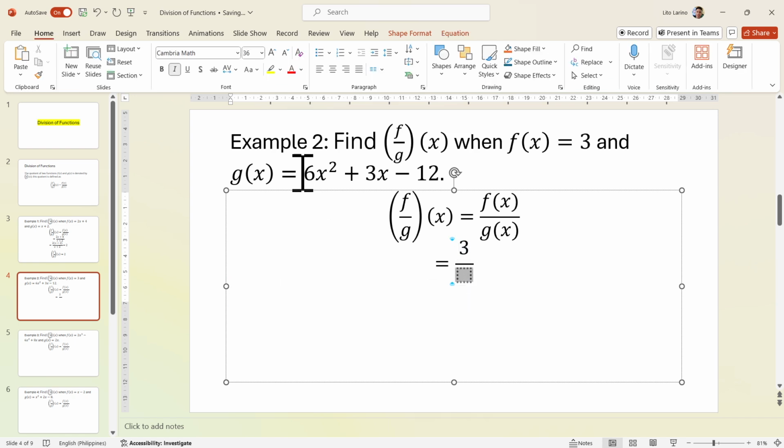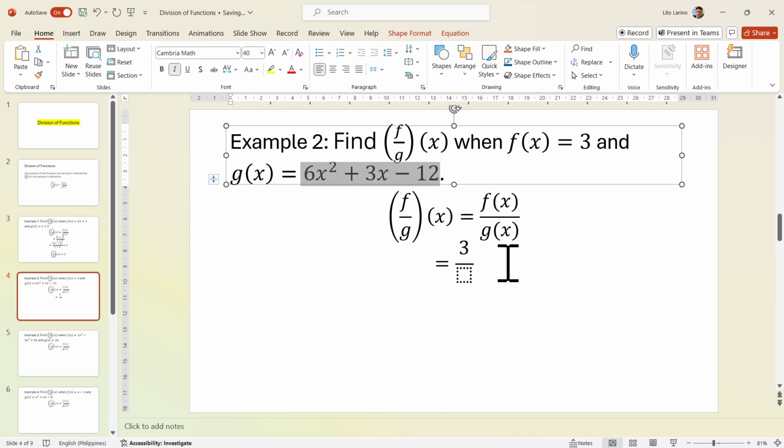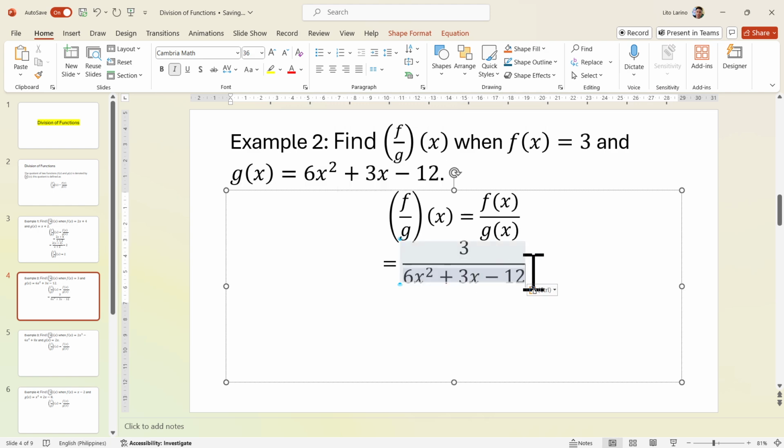While our g of x is a trinomial, and we can just copy it. So we have 3 over 6x squared plus 3x minus 12. Again, we will just be dividing. Each term in the denominator will be divided by 3 to simplify this expression.